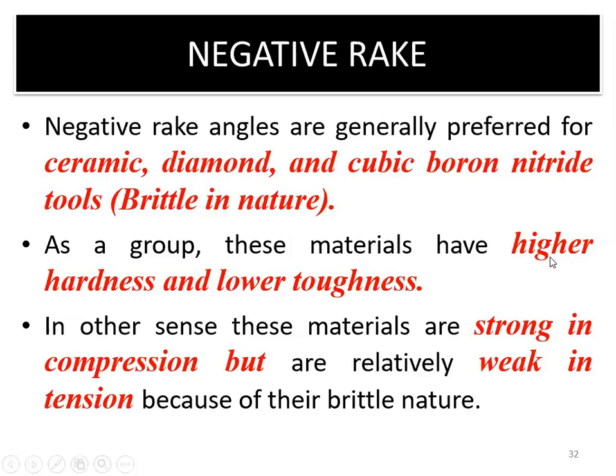Dear students, as you know, hardness and toughness are inversely related. The more the hardness, the lesser its toughness. As they are hard, they have more strength under compression as compared to tension loads.